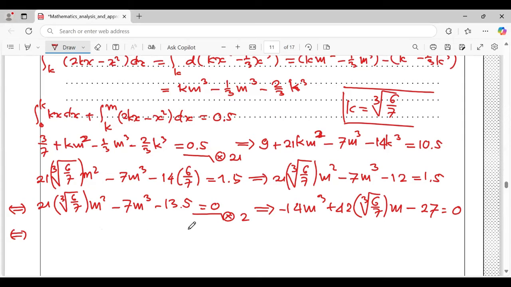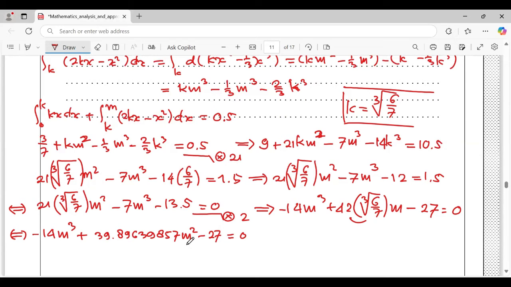In decimal, if we convert this term, it is minus 14m cubed plus 39.857 m squared minus 27 equals 0.